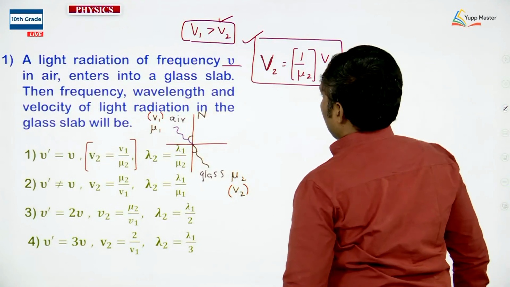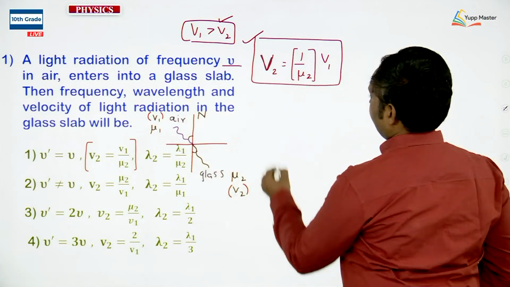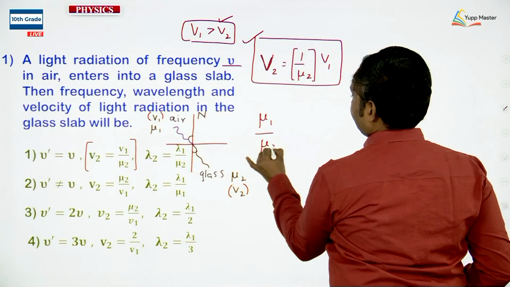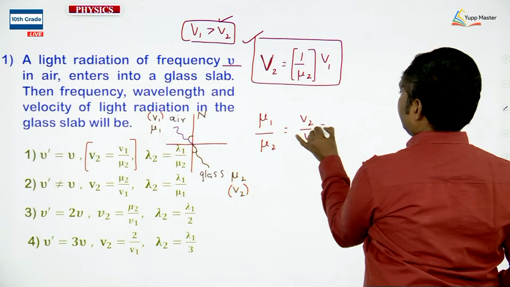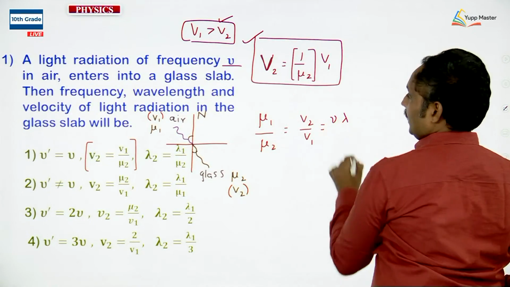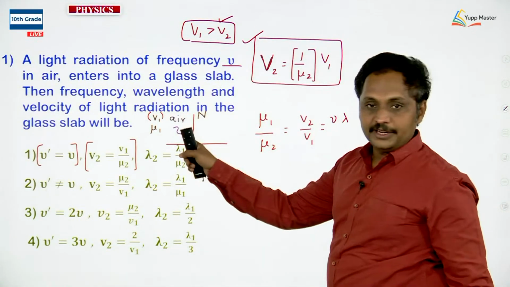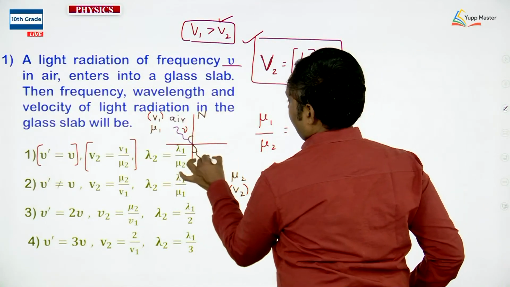Now you know very well that we can get the relation between these two things, V2 by V1, that is nu lambda and nu dash. In the first medium and second medium, there exists no change in the frequency.